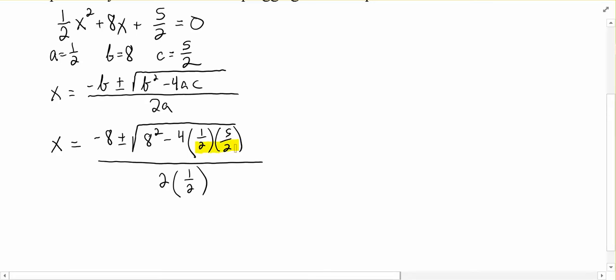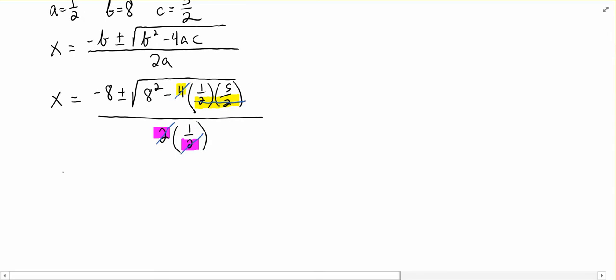What's 2 times 2? It's 4. If I have a 4 in the bottom and a 4 in the top, those things divide out. How about in the bottom? I have a 2 in the bottom and a 2 in the top. Those things divide out. So what am I actually left with in this problem? -8 plus or minus the square root of 64 minus 5.